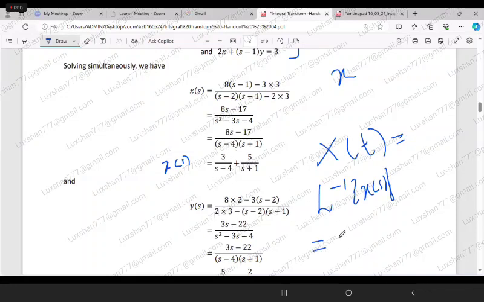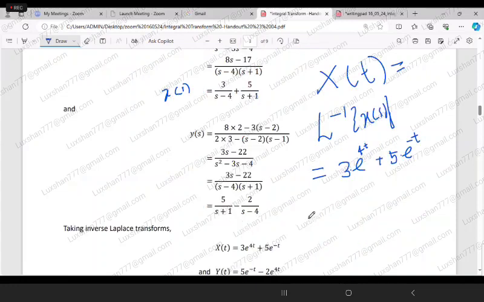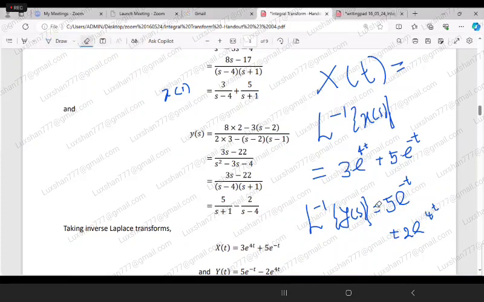If you take the inverse of this one, it is nothing but 3 into e to the power 4t, plus 5 into e to the power minus t. Similarly, for Ys, this is nothing but 5 into e to the power minus t, plus 2 into e to the power 4t. Sorry, I meant plus 4t.